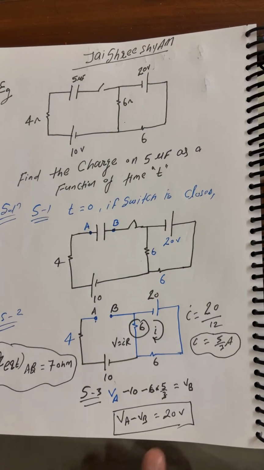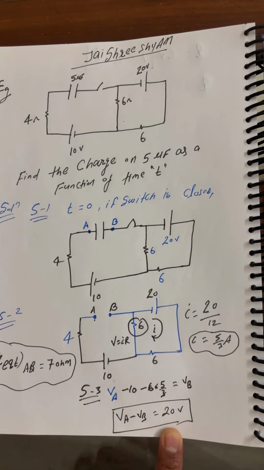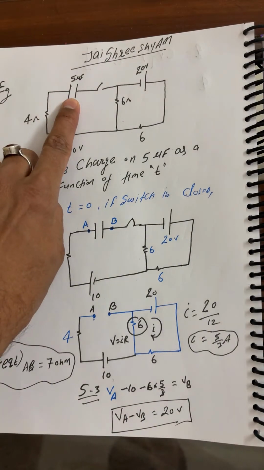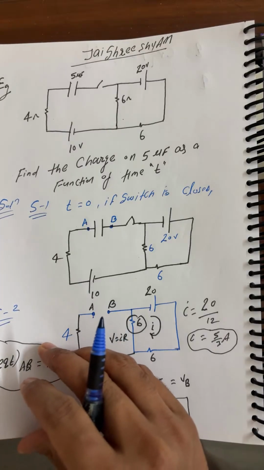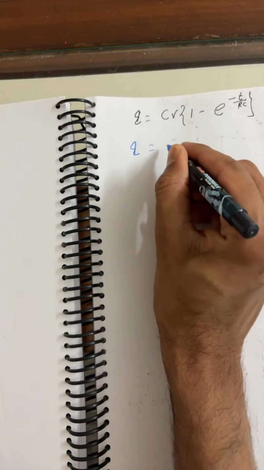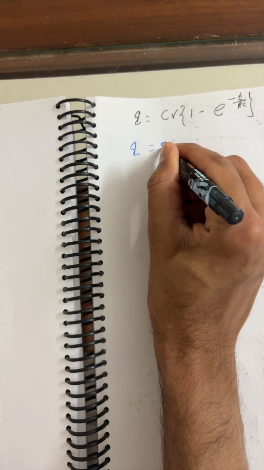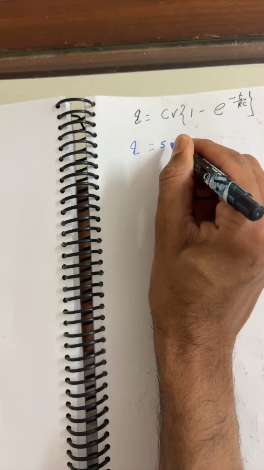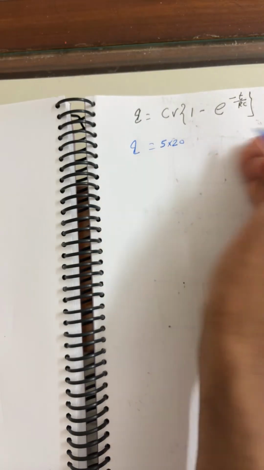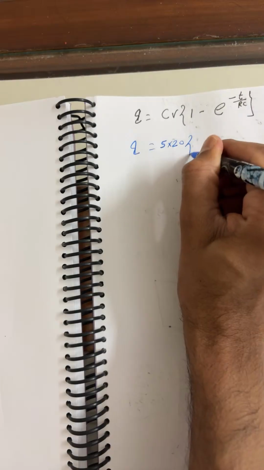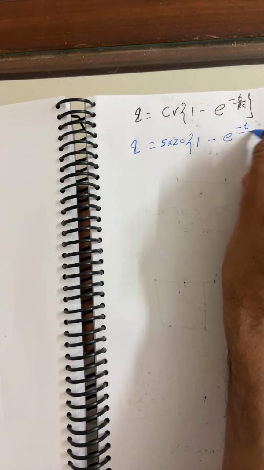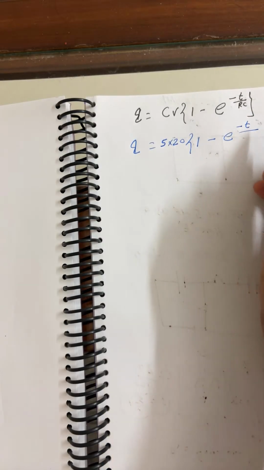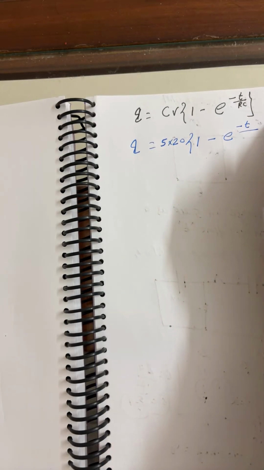So we got V from here, 20 volt, and the capacitance of the capacitor is equal to 5 farad. So I can write 5 into 20, the answer will be in microcoulomb. This is 1 minus e to the power minus T by RC, and what is R here? The R equivalent we got, 7.